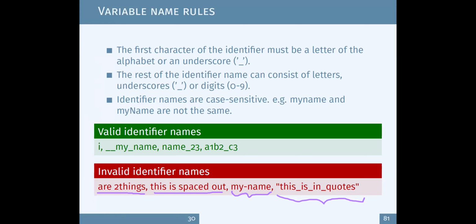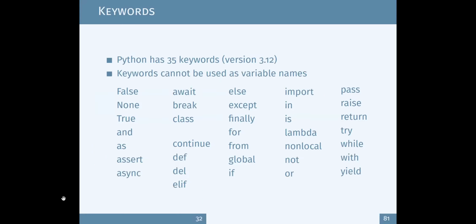Yes. Last one, you cannot use double quotes or single quotes as a variable name. So you cannot use them. So I hope now you understand that when we are naming variables, there are some rules to be followed, and we discussed some valid ones as well as some invalid ones. Good. I think we can move on.